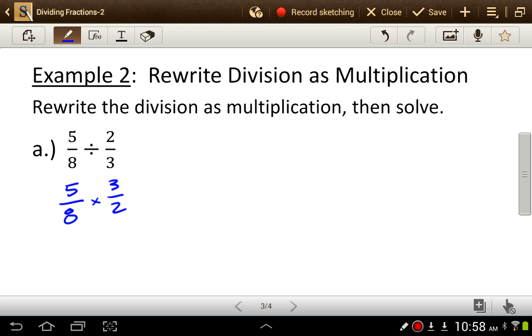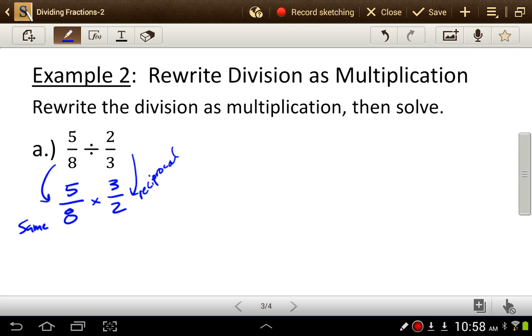Notice that the first fraction stayed the same. Now we wrote this as multiplication, and this part is where we use our reciprocal. So the first fraction stays the same, we're turning that to multiplication, and we're going to do the reciprocal of the next number. That is how you write that as multiplication. That's what division is.